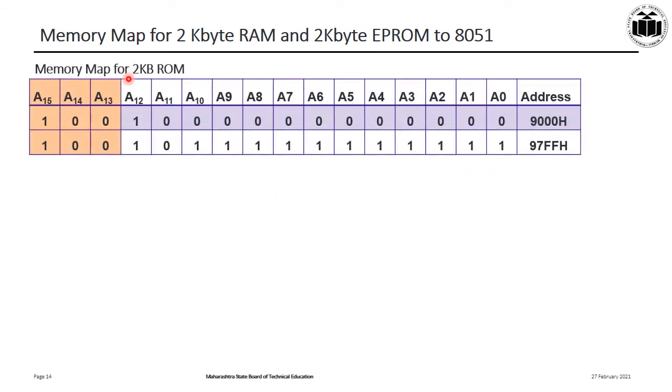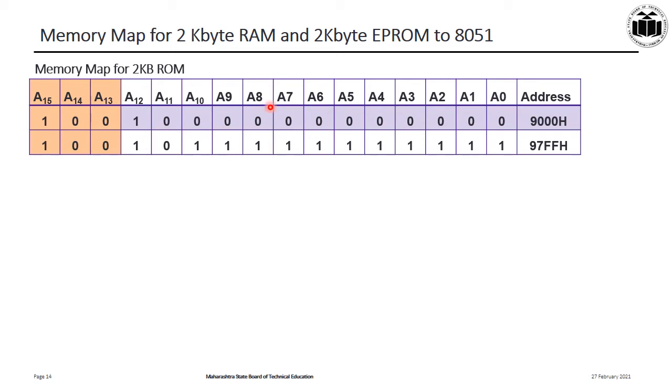First, memory map for 2K ROM. The orange shaded region is for select lines, as Y4 bar is connected to CS bar of ROM. We have A15, A14, A13 as 1, 0, 0. A12 is connected to G1, which is activated, and A11 is connected to G2A bar and G2B bar, which is deactivated.